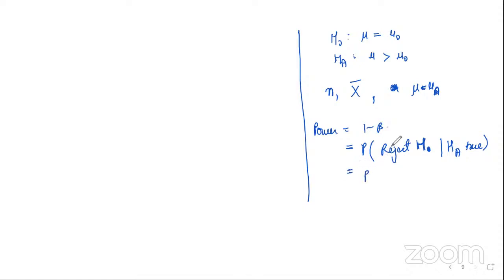So when are you rejecting H naught? Let's say I'm taking my test statistic to be sample mean and my test to be reject H naught if X bar is greater than C. Okay.